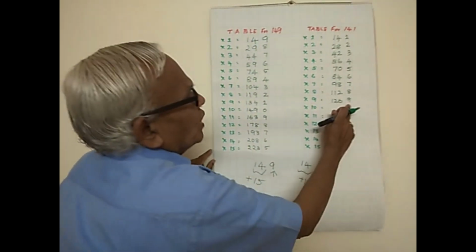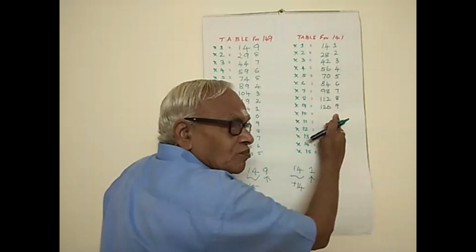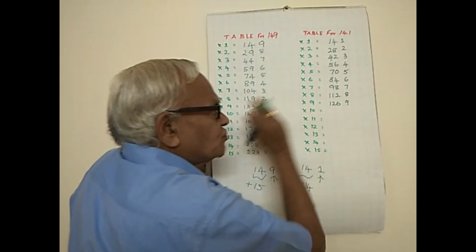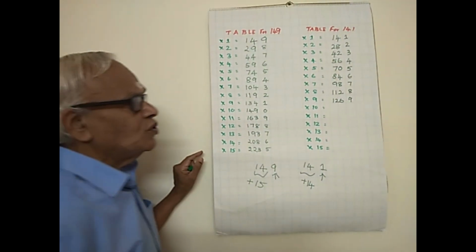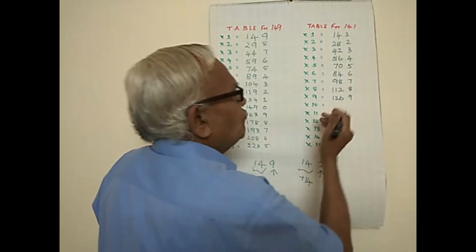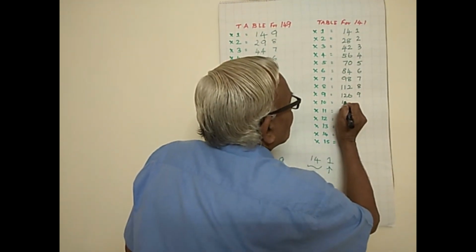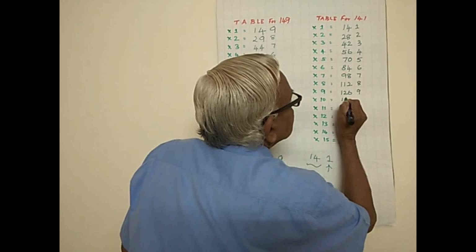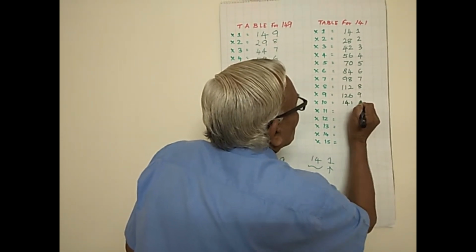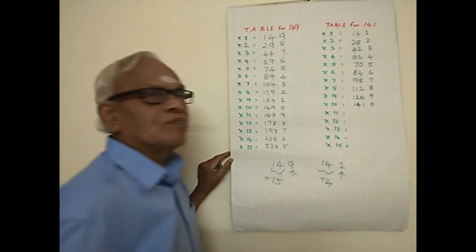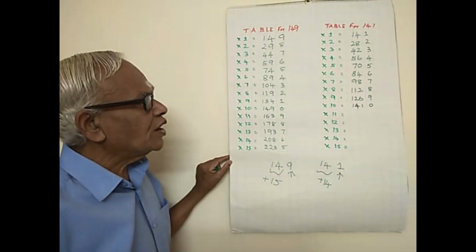Now by adding 1 here, it becomes 10. So this 1 has to be transferred here. What will I do? Instead of 14, I will add 15. So this becomes 1410. Is it clear now?